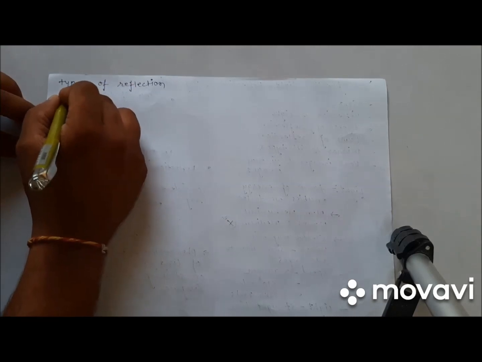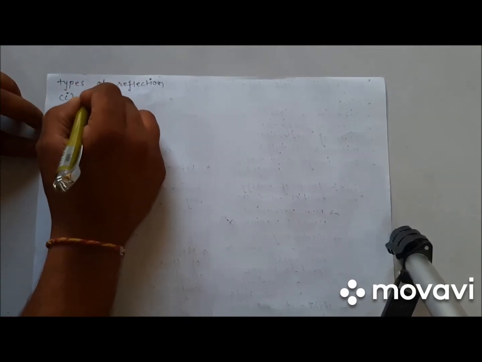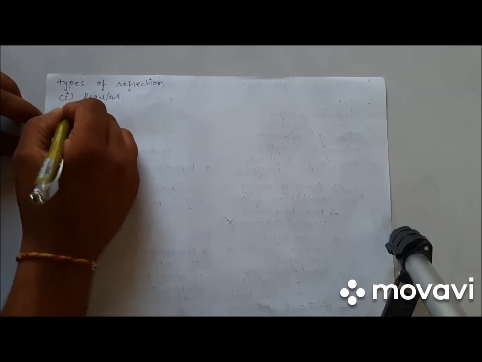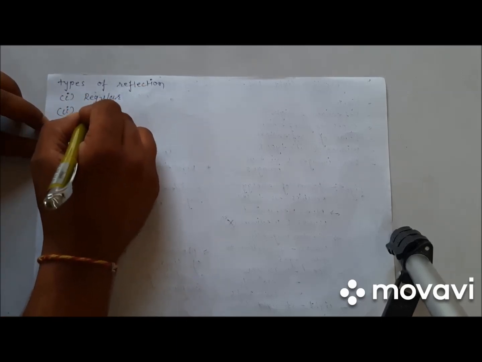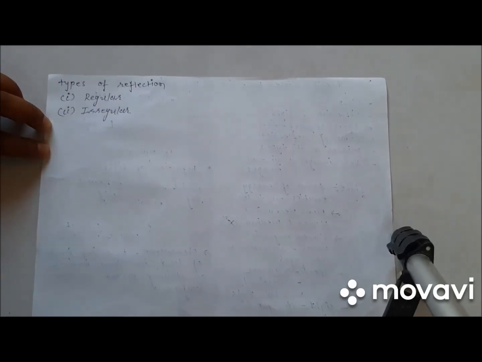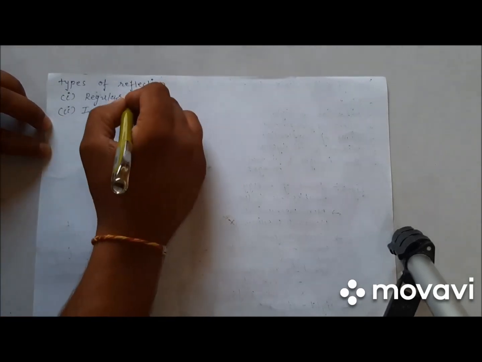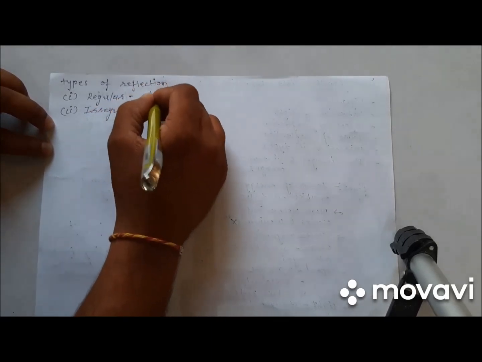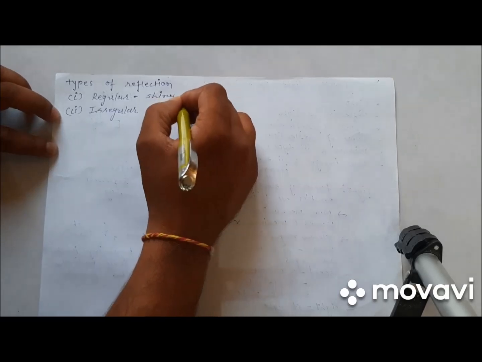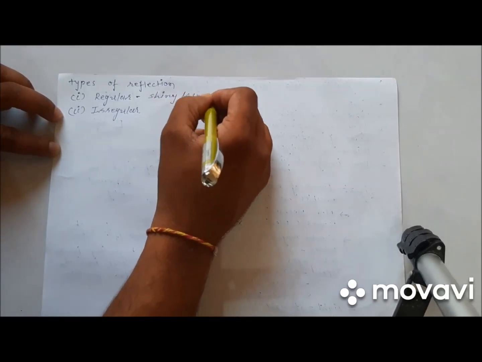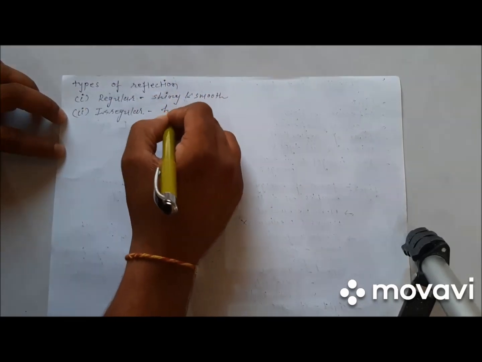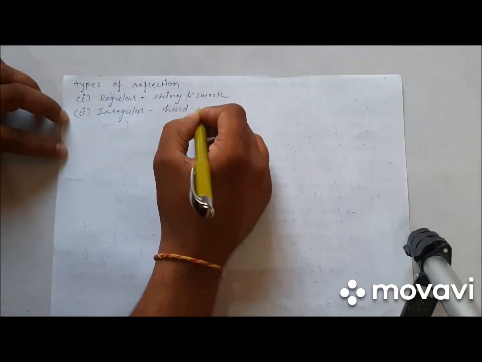First is called regular reflection and the other one is called irregular reflection of light. Regular reflection of light is always seen on a shiny and smooth surface, and irregular reflection is seen on a hard surface.